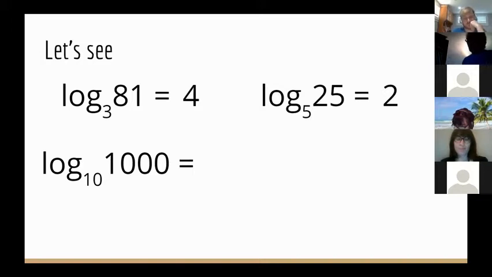Okay. So logarithm, and this is how we read this, and I'm sorry if I'm being reiterative. Logarithm base 10 of 1,000 equals what? Yeah, and feel free to unmute yourself. That's okay.